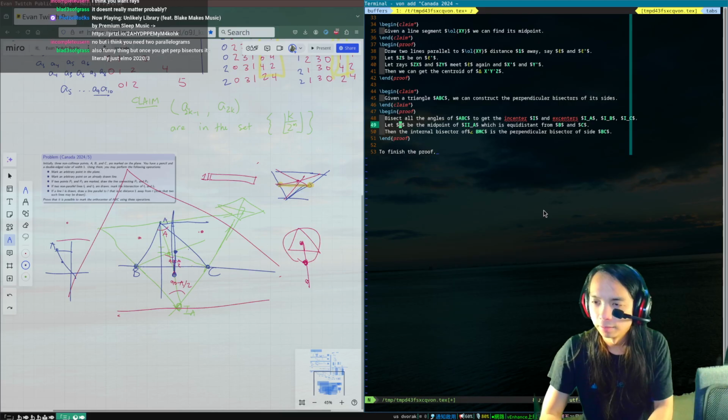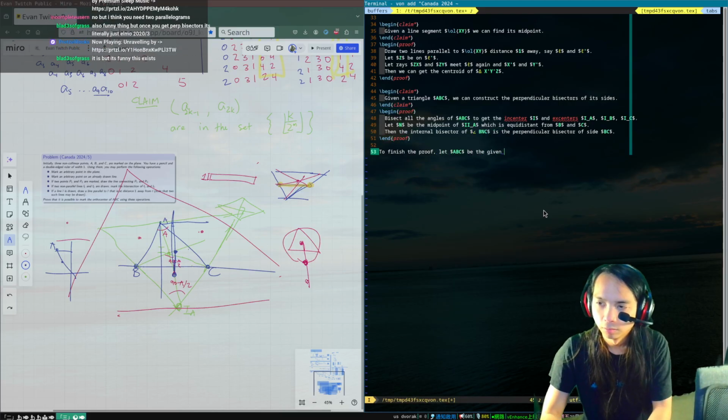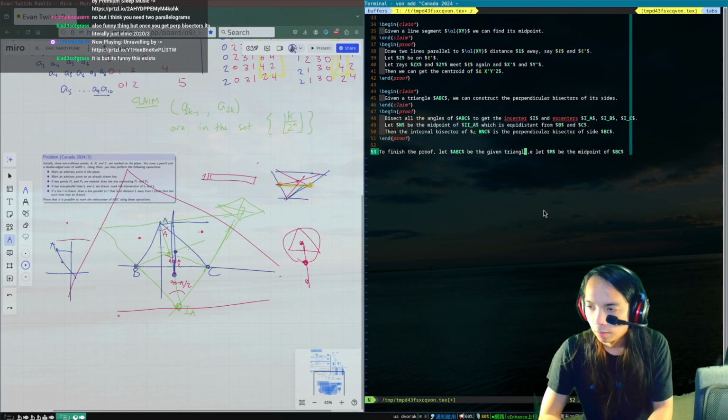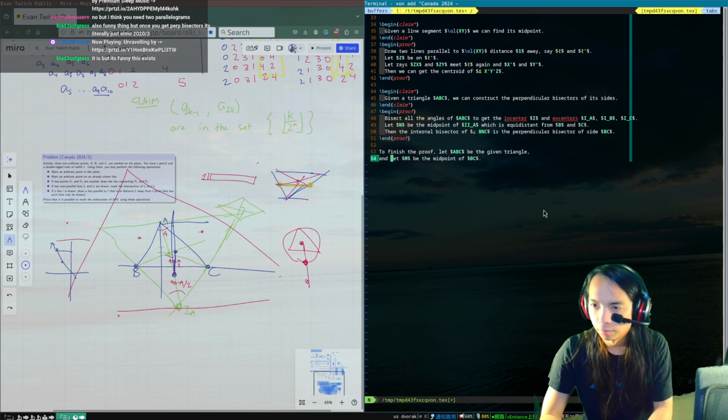We'll call this pen, alright. Construct M, the midpoint of BC.